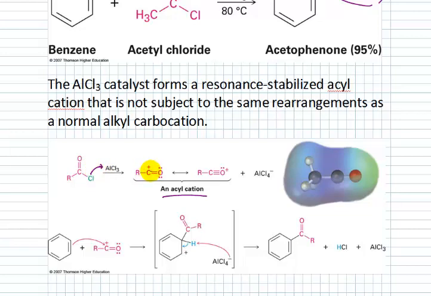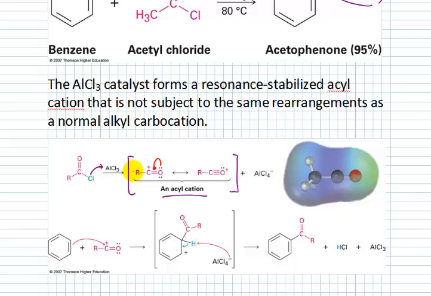So it's RC plus double bond O. That is resonance-stabilized just by bringing one of these lone pairs from the oxygen down into the double bond, and now we get a triple bonded carbon with plus on the O. So it's a resonance-stabilized carbocation. Because of that extra resonance stability, the acyl cation is not subject to the same type of rearrangement that normal alkyl carbocations are.